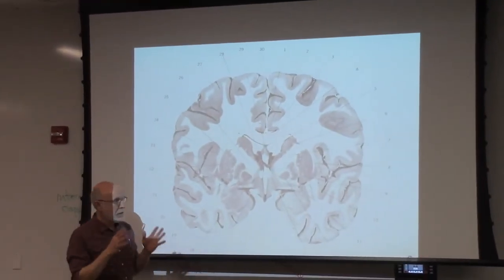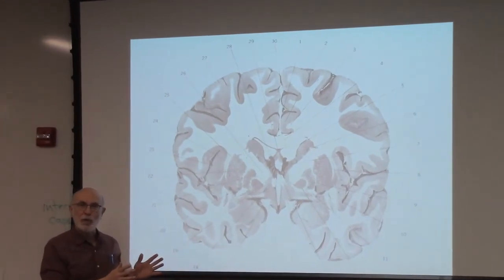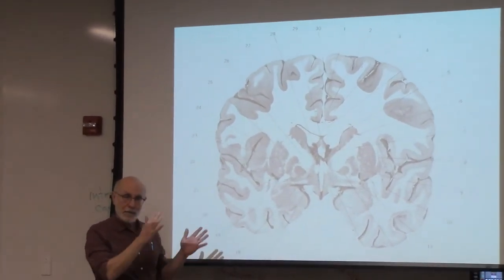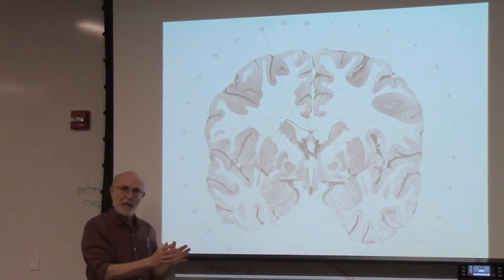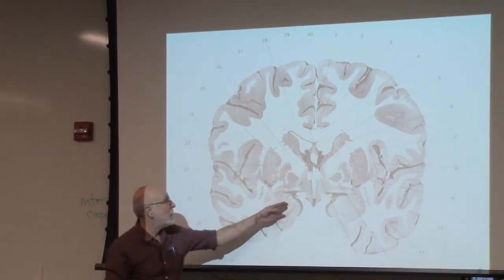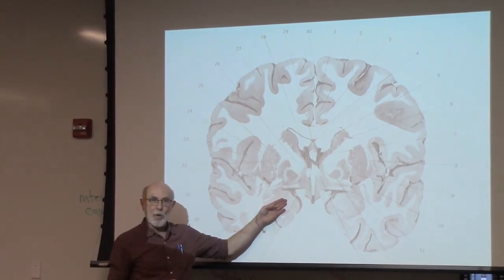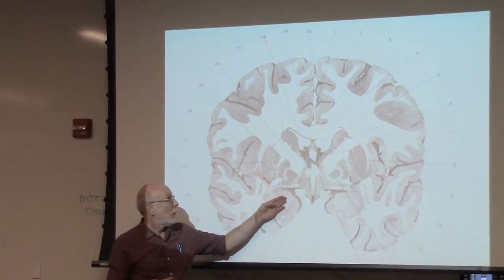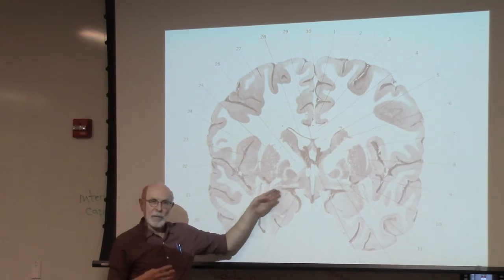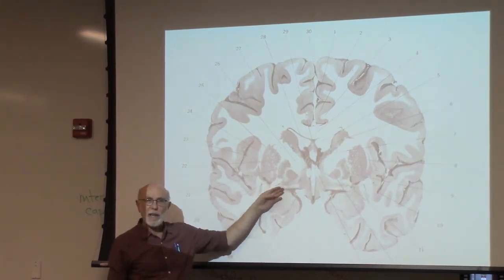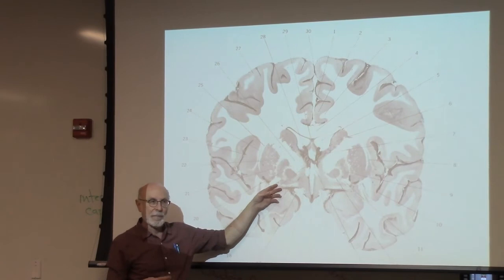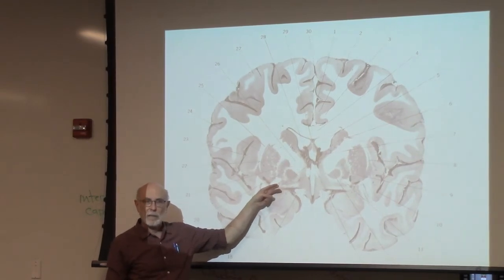I might have chosen sections that missed the amygdala by going from one section to the next. It would be somewhere around here in the temporal lobe, near the junction with the parietal lobe, that's got a name, I'm blanking on it.